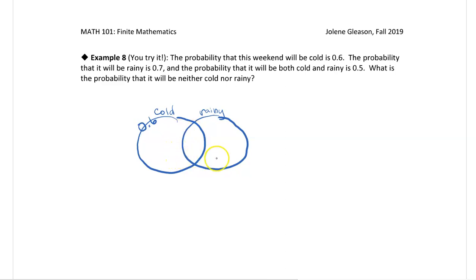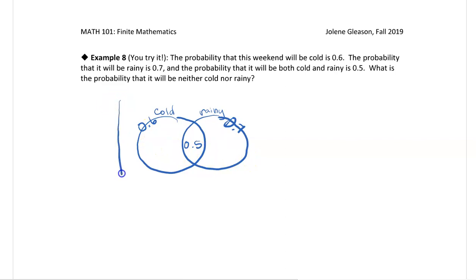Now rather than numbers, we're dealing with probability, which we can do because the probability is just the number of outcomes of that event divided by the total number of outcomes. So if we just divide everything by the total number of outcomes, we're just dealing with probabilities. The probability that it would be rainy is 0.7. The probability that it's both rainy and cold is 0.5.